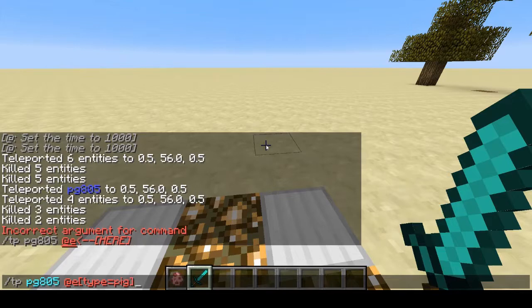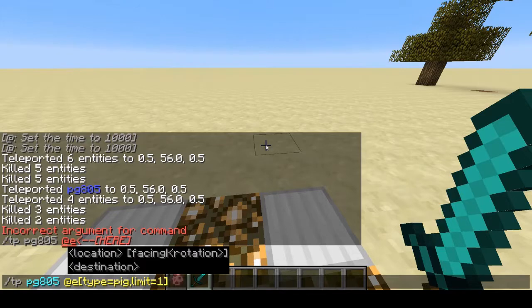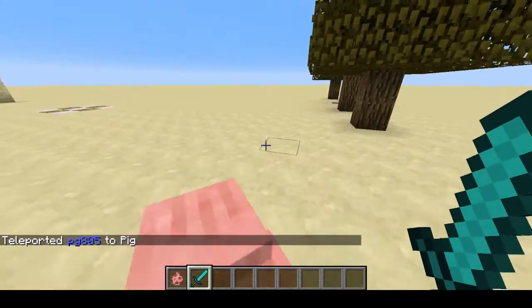That's still only one destination, but there could be multiple pigs in the world. This doesn't technically narrow it down enough. You still have to have limit=1 so that it knows that there is only one destination, which will, in this case, be the nearest pig, which is right here.